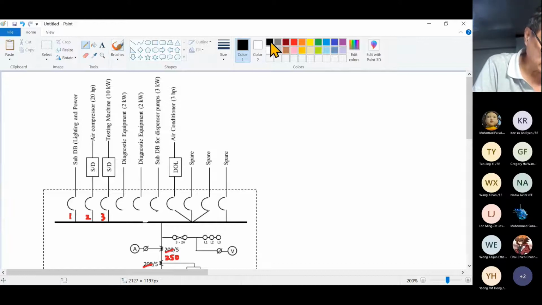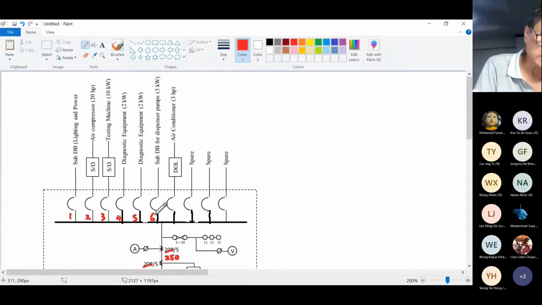I change to single line means I draw like this. I can still reflect the same kind of answer. So I have circuit 1, 2, 3, 4, 5, 6 only.